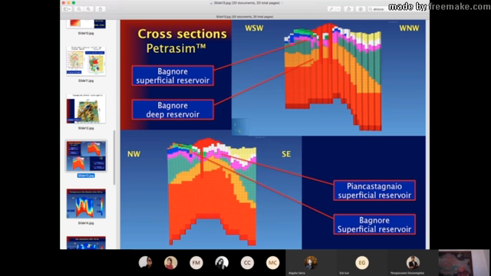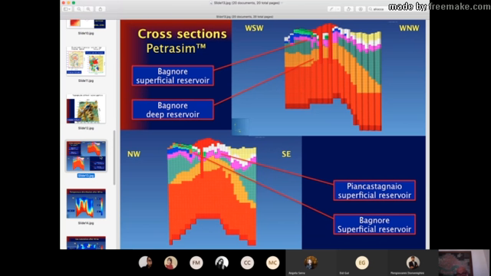Now, the CO2 is in supercritical conditions above about 32 degrees and 700 meter depth, about 70 bars.